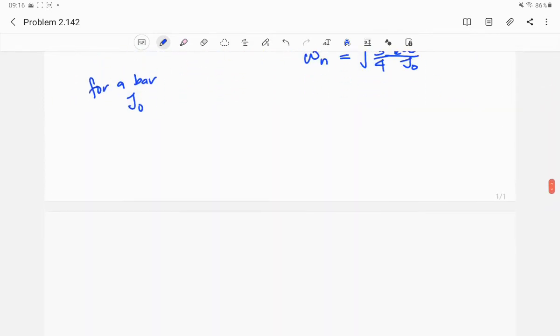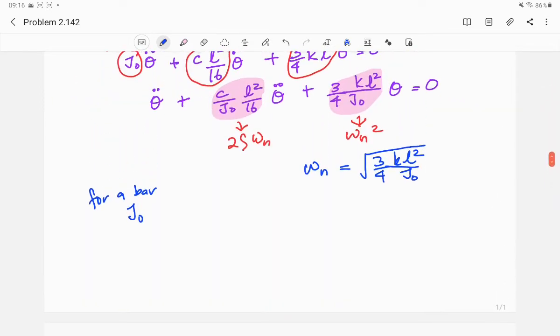So there is an equation for how you would get J naught for this bar. The formula is basically J naught is equal to J bar plus J at center of gravity.